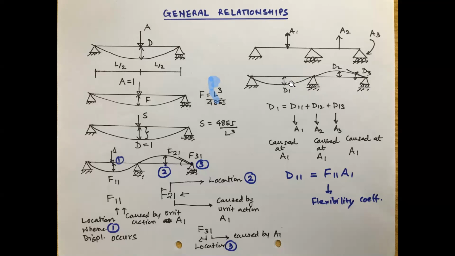Please mind, A2 may also cause D1, and at the same time A3 may also cause D1. Similarly, in the deflected profile you can see D2, the deflection which can be caused by A1, A2, A3, and the rotation at the last support, D3, which can be caused by A1, A2, A3. So here we have to bring the concept of superposition, and the concept of stiffness.